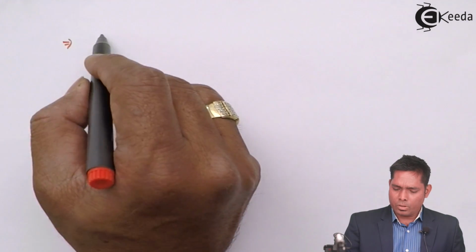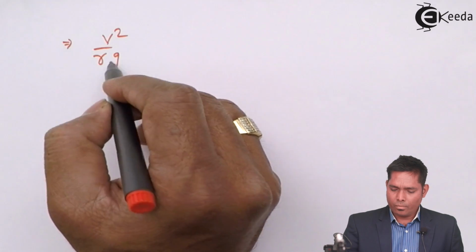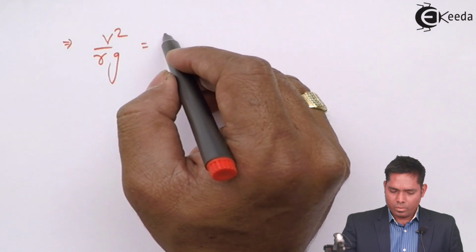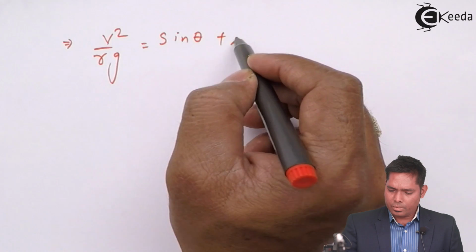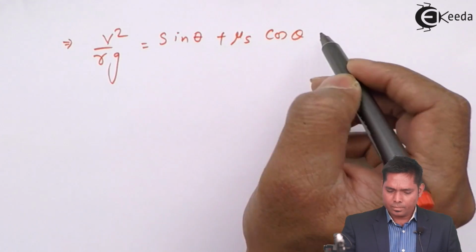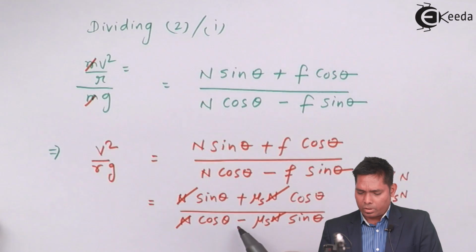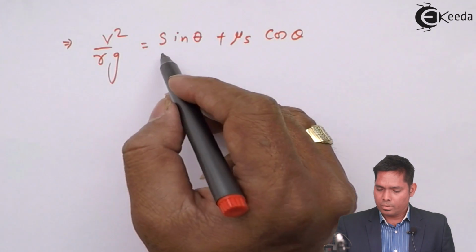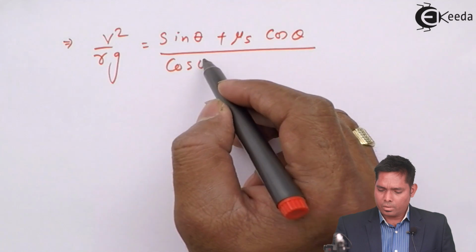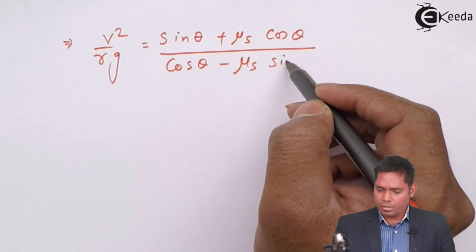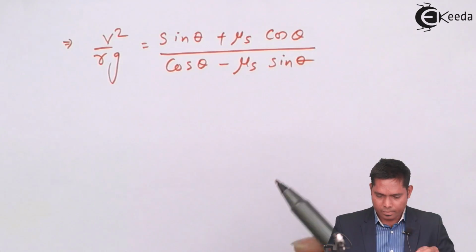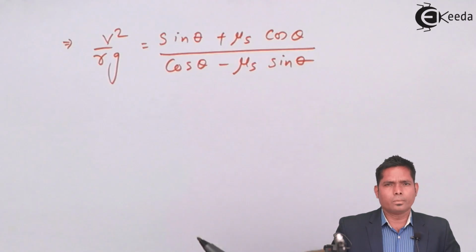So this implies v square upon rg is equal to sin theta plus mu s cos theta divided by cos theta minus mu s sin theta.